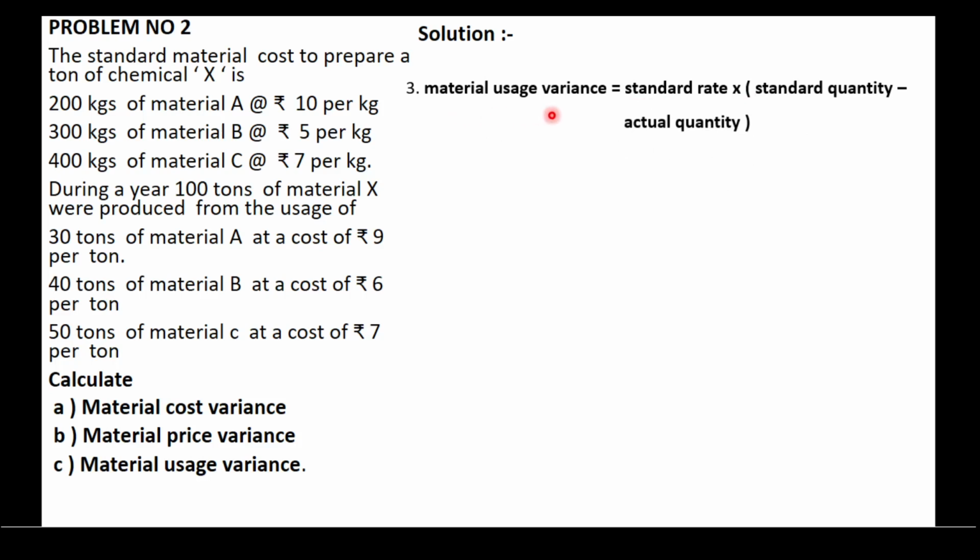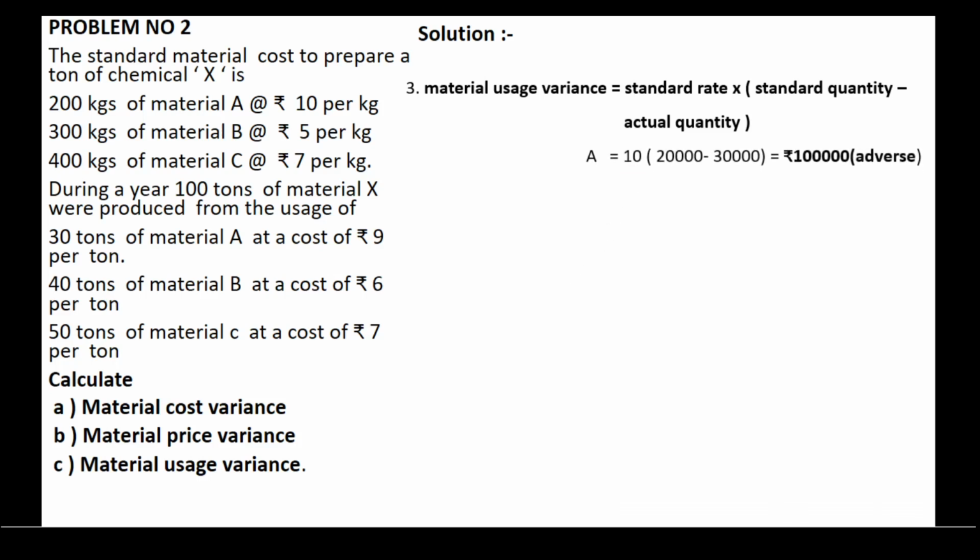Here first we calculate for the material A. For the material A, the standard price is rupees 10 and the standard quantity is 200 into 100 kg, that is 20,000 kgs, and the actual quantity is 30 tons, that is 30 into 1000 kgs.